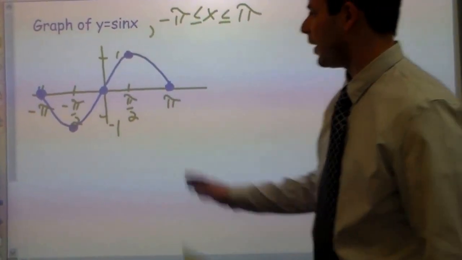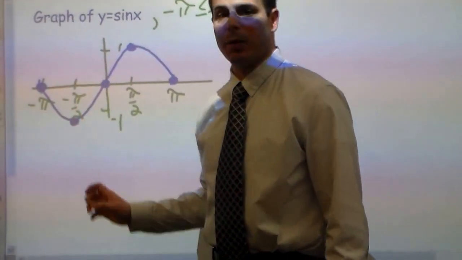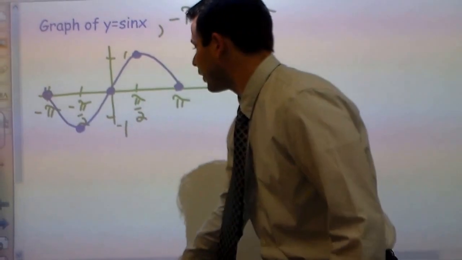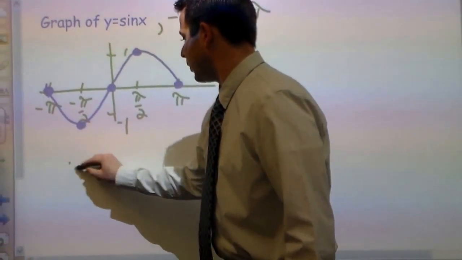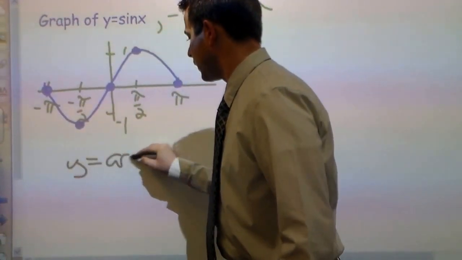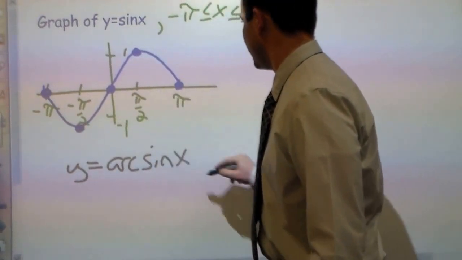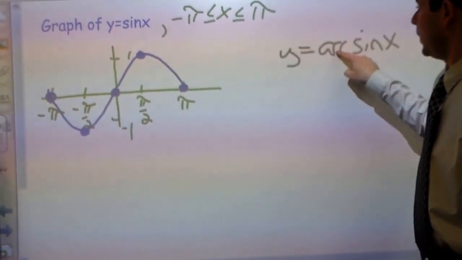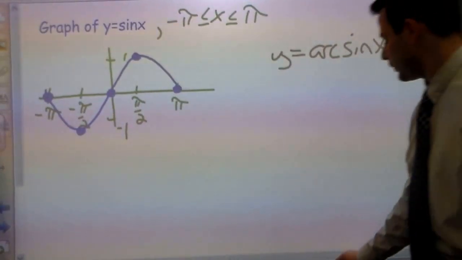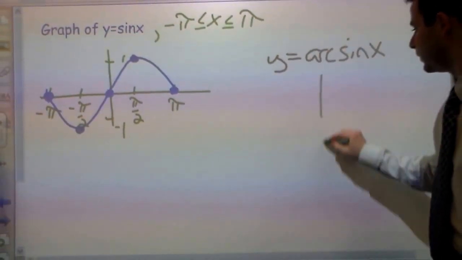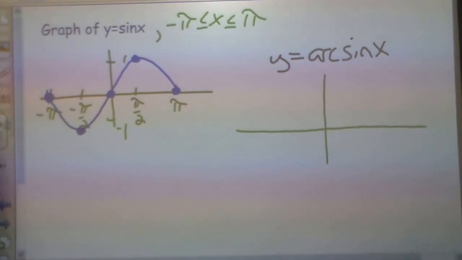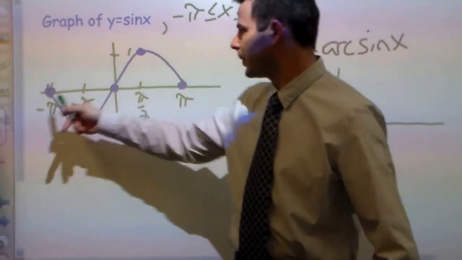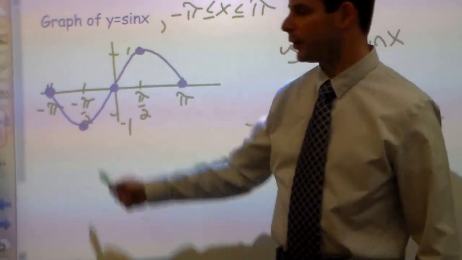So what we're going to do, we're going to take all these ordered pairs and we're going to switch x and y. So let's plot ordered pairs for y equals arcsine of x. So let's set up an axis. But now take a look at how our axis is set up over here. Over here, our x values are radian measure, and our y values are integers.